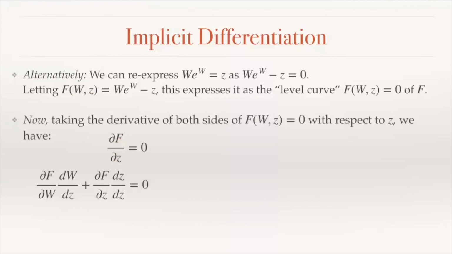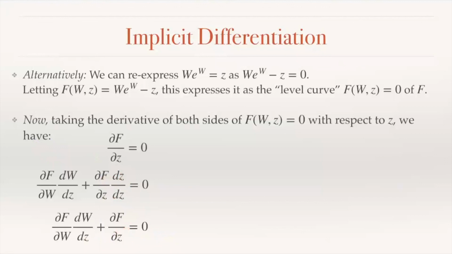So by the multivariate chain rule, it's this. Now, dz dz, we can think of that as d dz of z, and that is 1. So this term goes away. It was kind of weird to see it as dz dz, but this is all it means. That's the same as multiplying by 1, so we just don't write it.